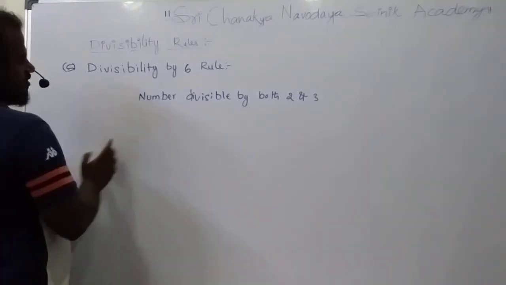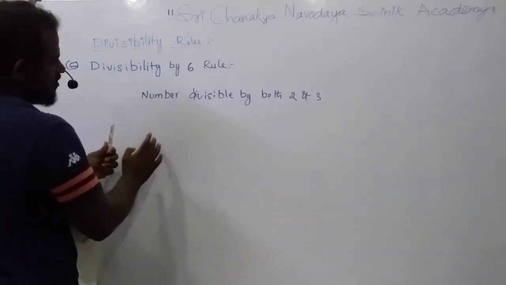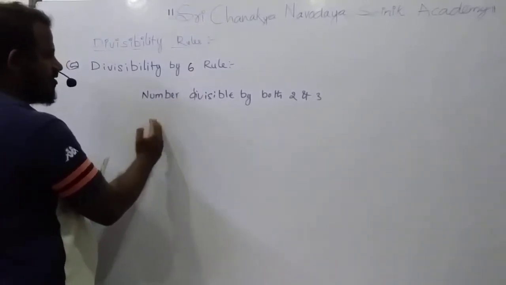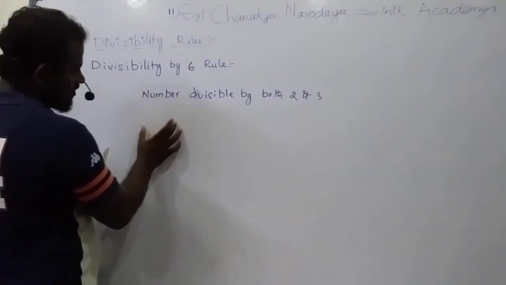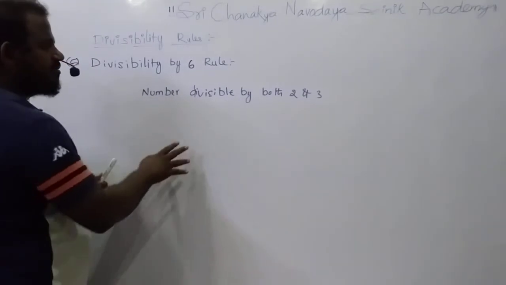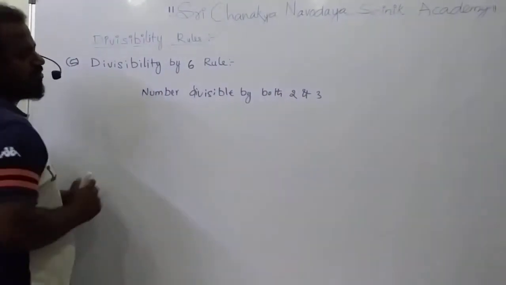So this is the criteria. If we are given one number and want to tell whether it is divisible by 6, what will we check? We will check whether the given number is divisible by both 2 and 3. If the given number is divisible by both 2 and 3, then we will say that the given number is also divisible by 6.